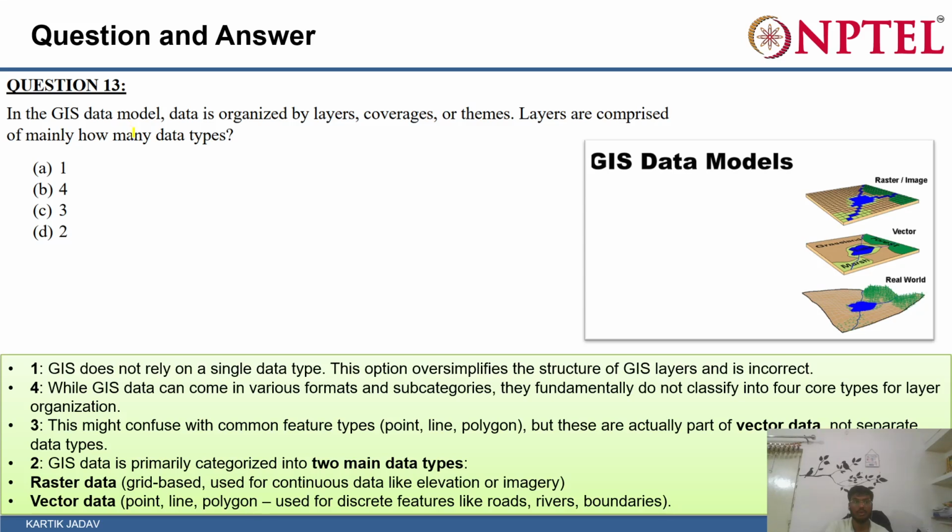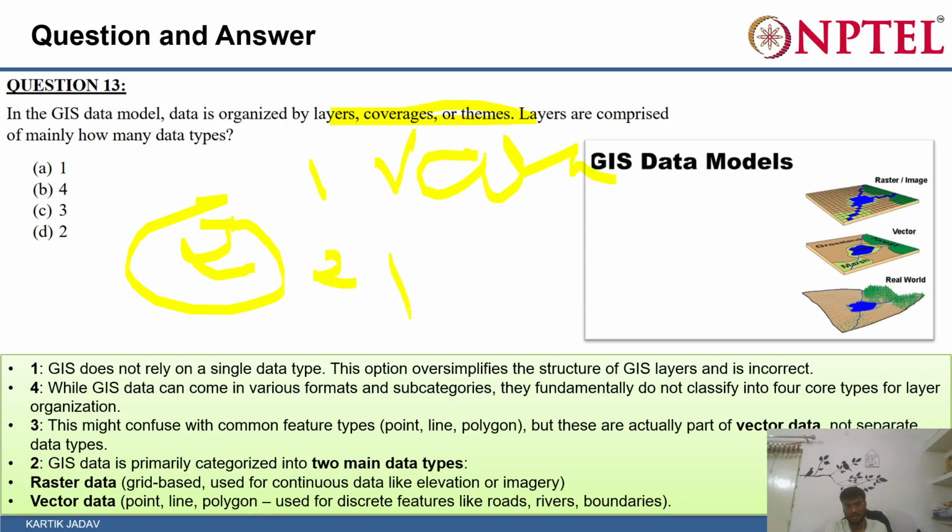In the GIS model, data is organized by layers, coverage, or themes. Layers are comprised of mainly how many data types? So we know that in the GIS data model, we have two data types: one is vector and the second is raster. Vector is generally represented by points, lines, and polygons.